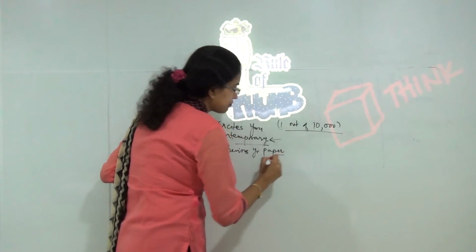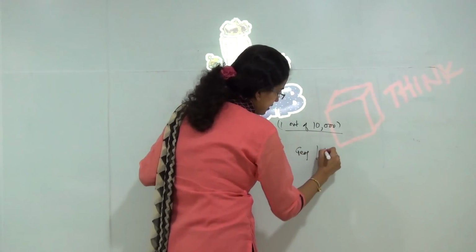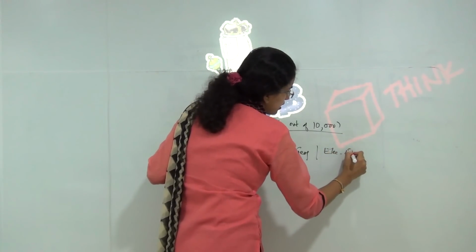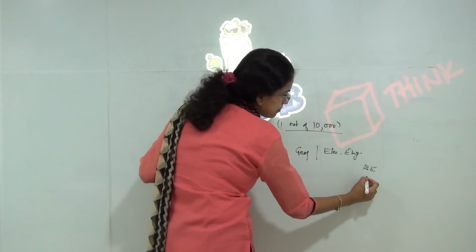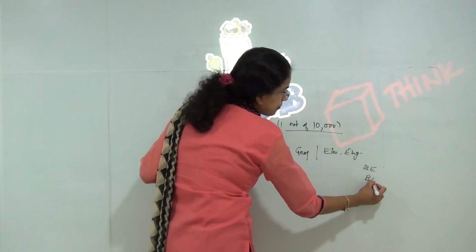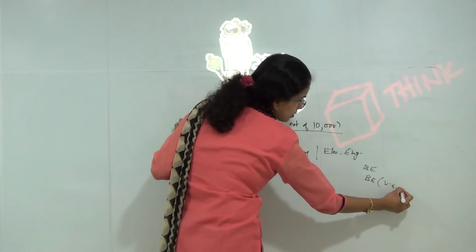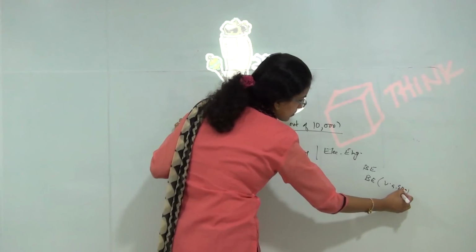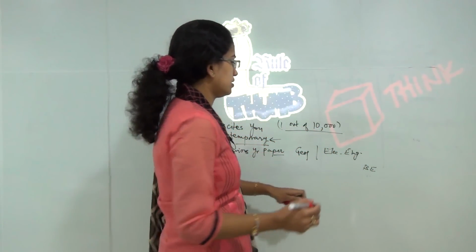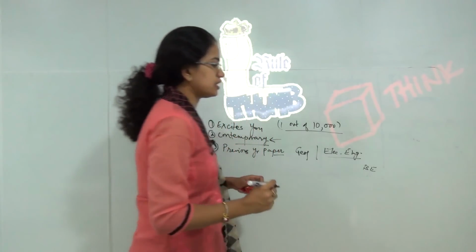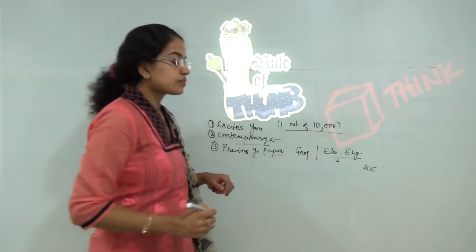So if you are confused, say between two optionals, geography and electrical engineering, and you have a BE degree. So I have two candidates, one has a BE degree and another has a BE degree with a very good GPA. So a person with a very good GPA, if he sees the electrical engineering paper, he will find it very, very easy.